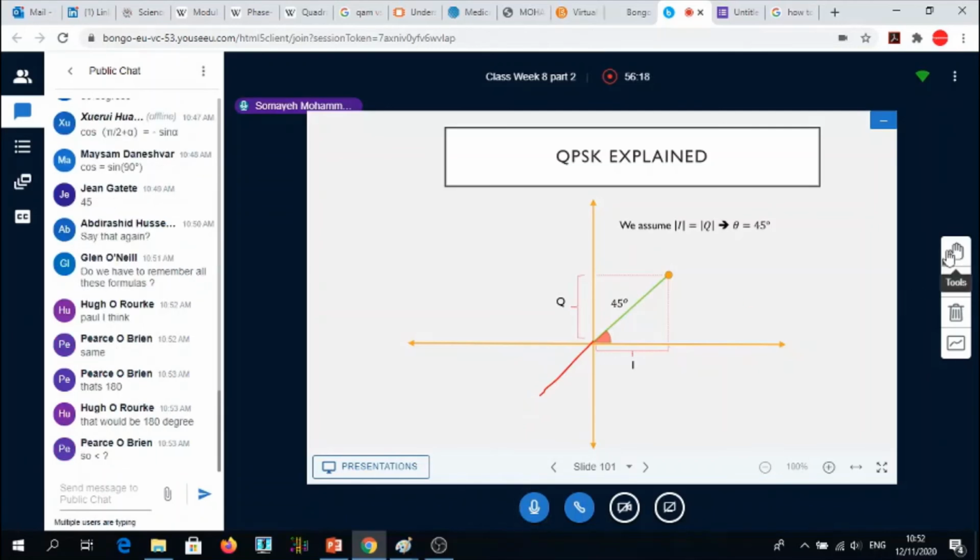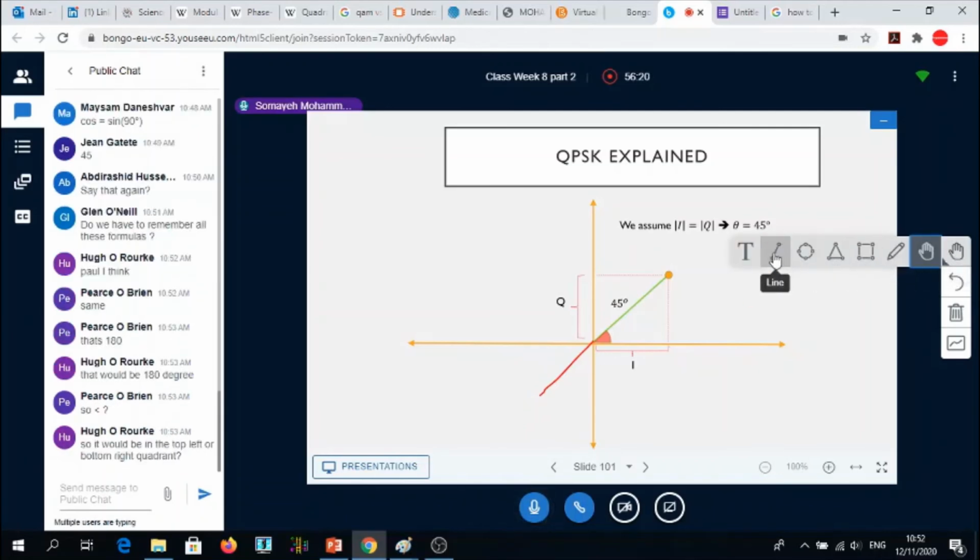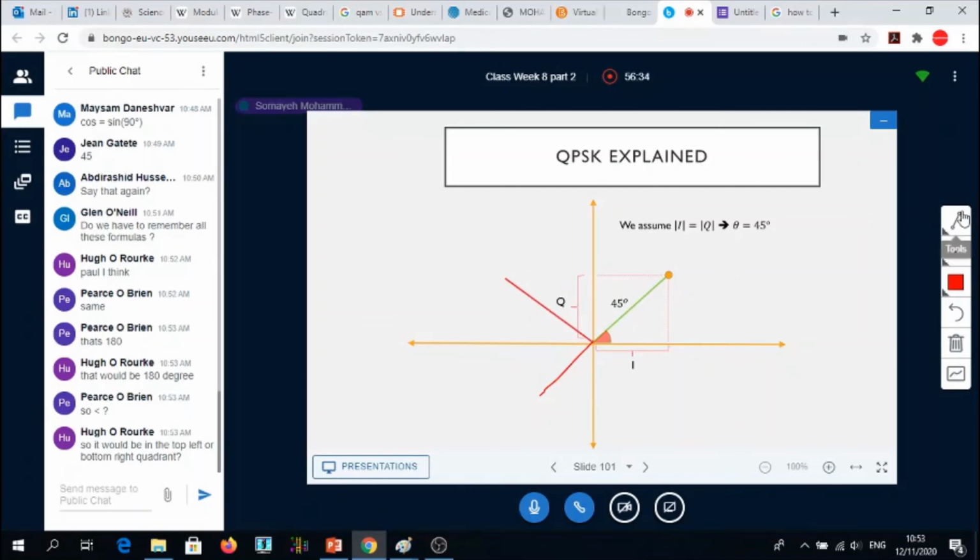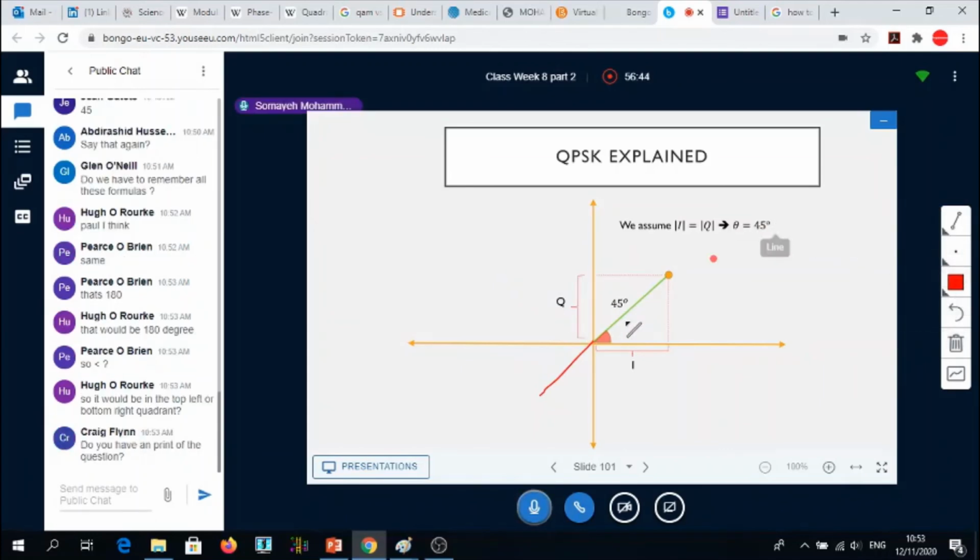How that happens is, let me get my tools. Now, if I'm going to the left side with 90-degree addition to this angle, I would end up somewhere here. I should do a little bit better job by drawing 90-degree angle here.